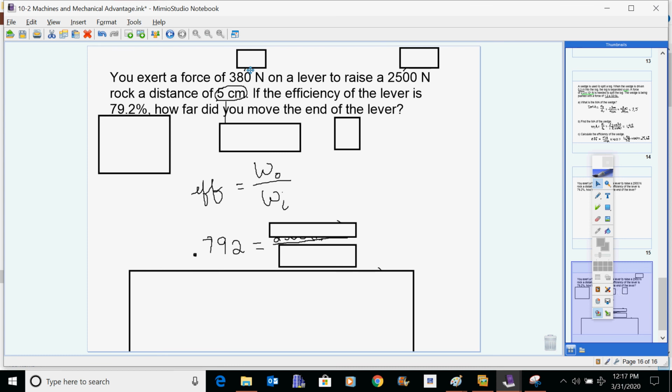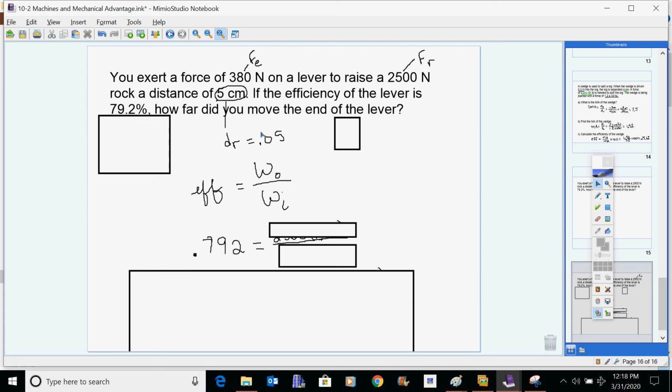So here we have, you exert the force, that's our effort force. The result is that you have a 2,500 newton rock that got moved a distance of 5 centimeters, that's a result.